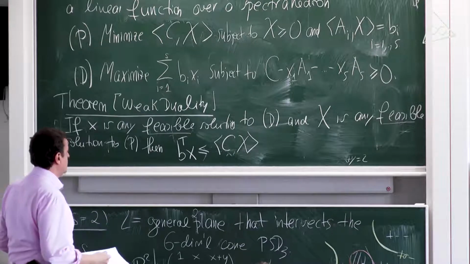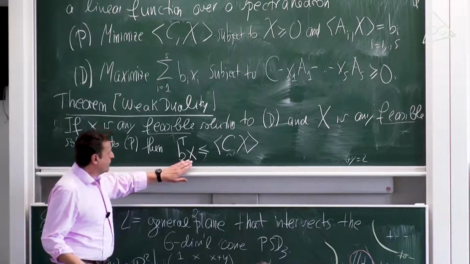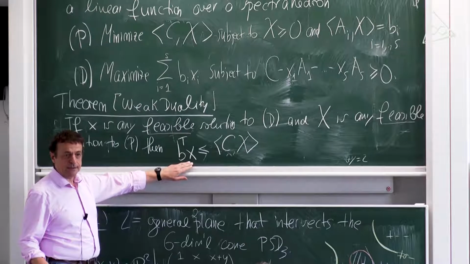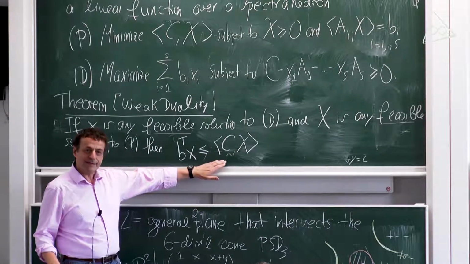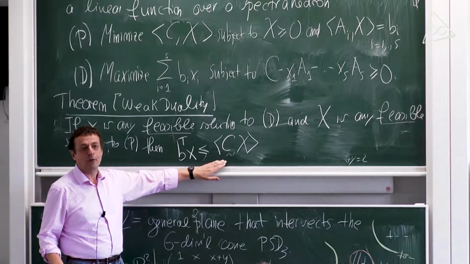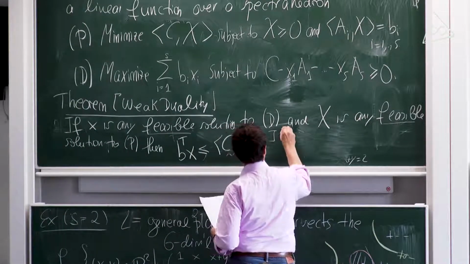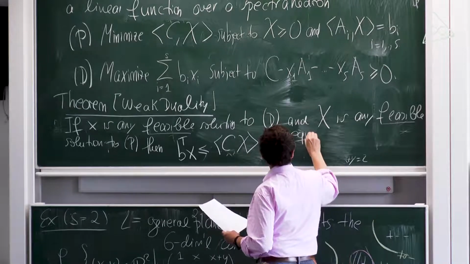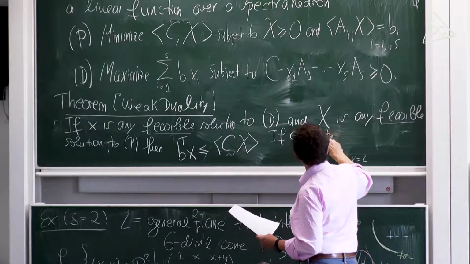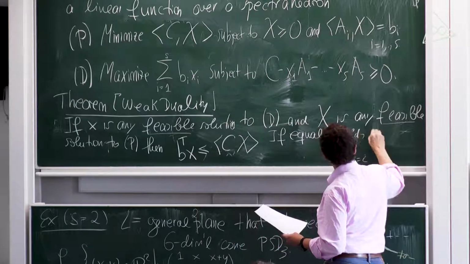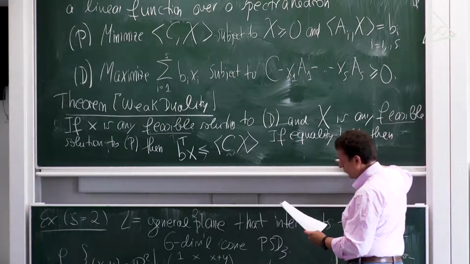Now, this is nice, because this is the thing you want to maximize, and this is the thing you want to minimize. Guess what's happening now? We're going to squeeze them together. So if equality holds, then clearly both are optimal.